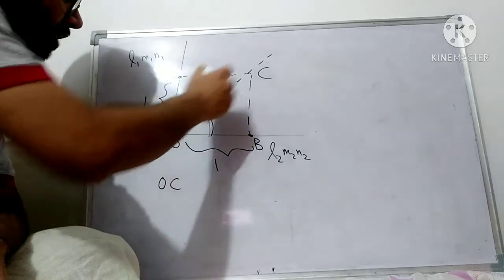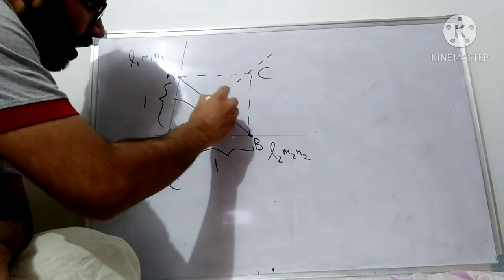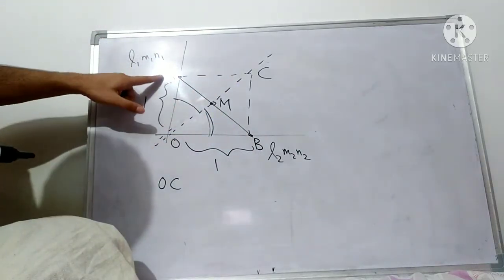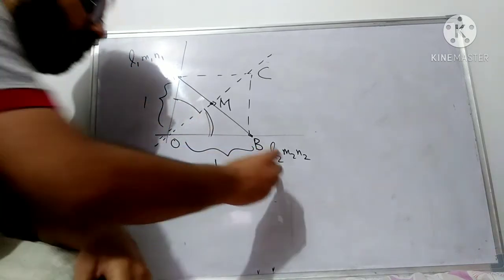If this becomes a rhombus and I draw the other diagonal, with this point M, we can write the coordinates for M. Point A has coordinates L1, M1, N1. Point B has coordinates L2, M2, N2.